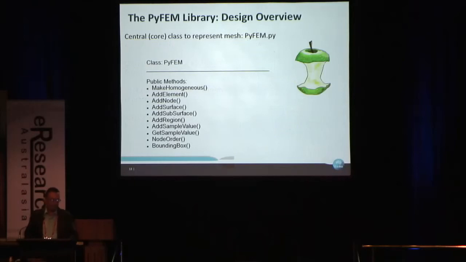The actual core class is the PyFEM class. It handles multiple element types. We've got a very comprehensive list of element types that it will handle. So it's got the usual 2D types, such as polygons and lines, polygons, and triangles.